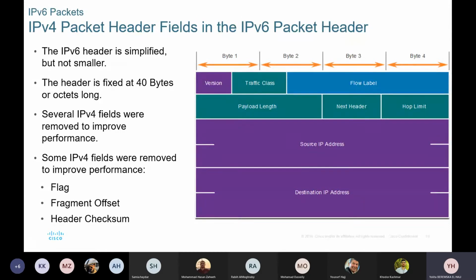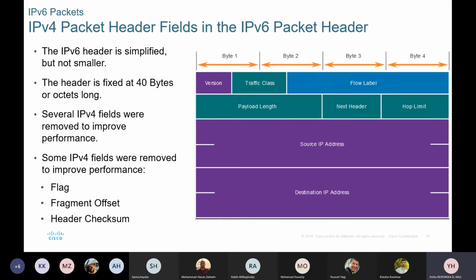Usually the flow label contains a number that indicates all packets of one conversation, which means that these packets belong to the same message, and no matter when they are forwarded, when they reach the destination, they will have the same identification number, which we call flow label.